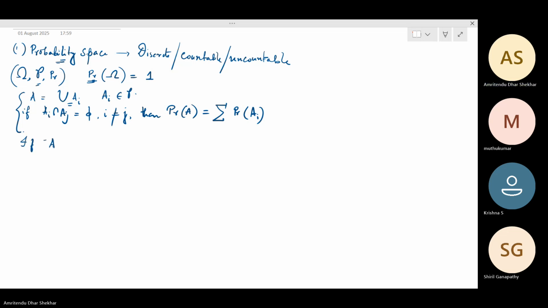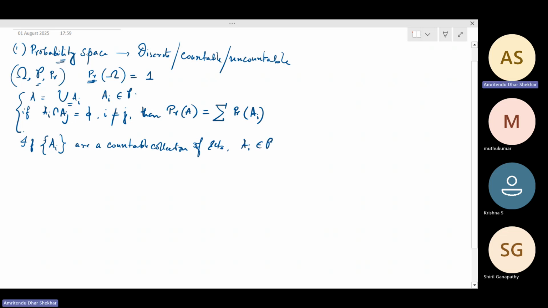If the AIs are a countable collection of sets, where each of these AIs is a measurable set, and if it is a growing sequence, in other words, you have AI is contained in AI plus one, is contained in AI plus two, and so on.